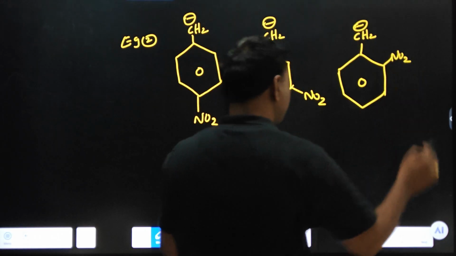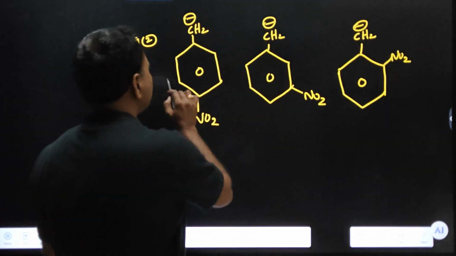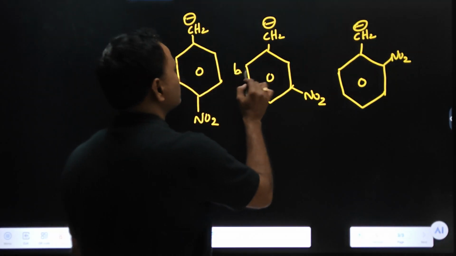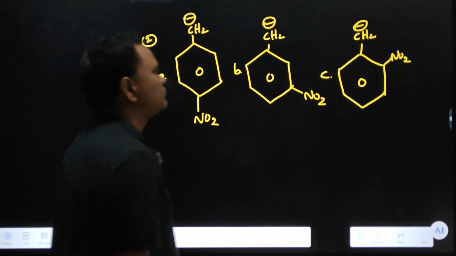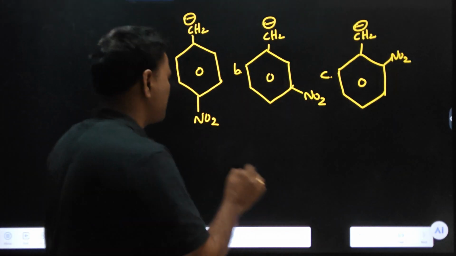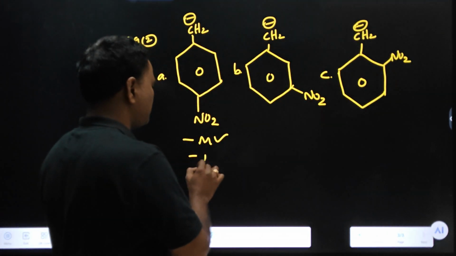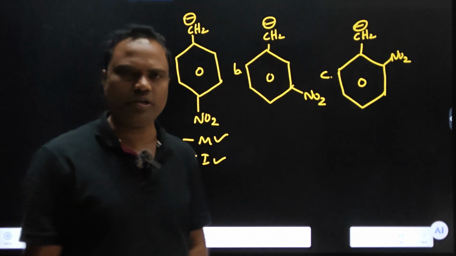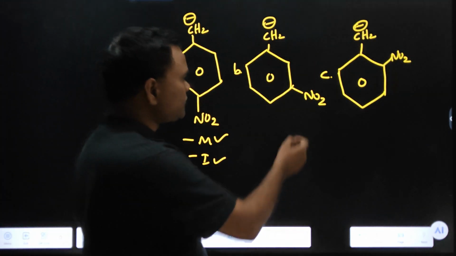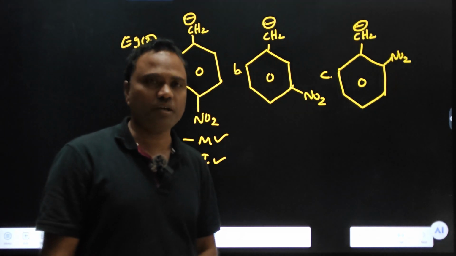I am taking the same NO2 group in different positions. First of all, write all the effects. NO2 is a minus M group, minus M and minus I. Here, does NO2 have a minus I effect?